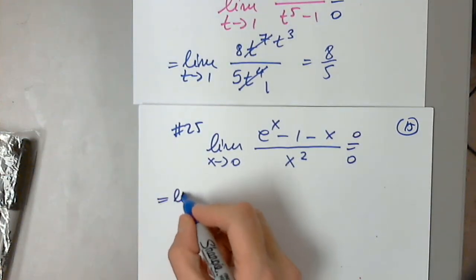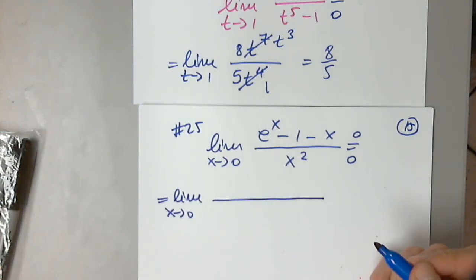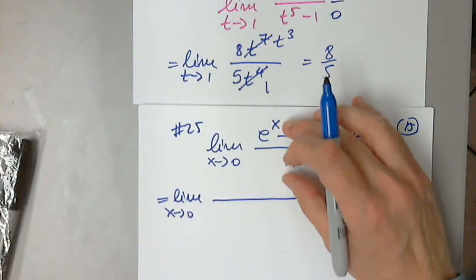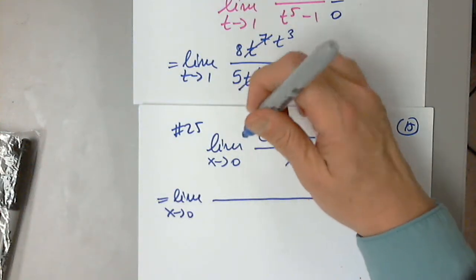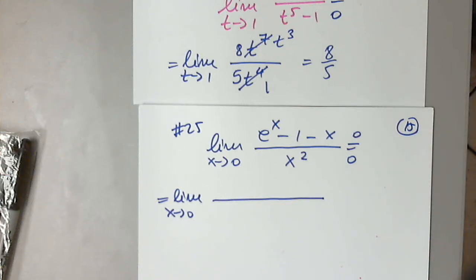So then I have limit as x approaches 0. The top is, remember we can never differentiate a ratio like that unless it's a function inside a limit which turns into 0 over 0 or infinity over infinity.